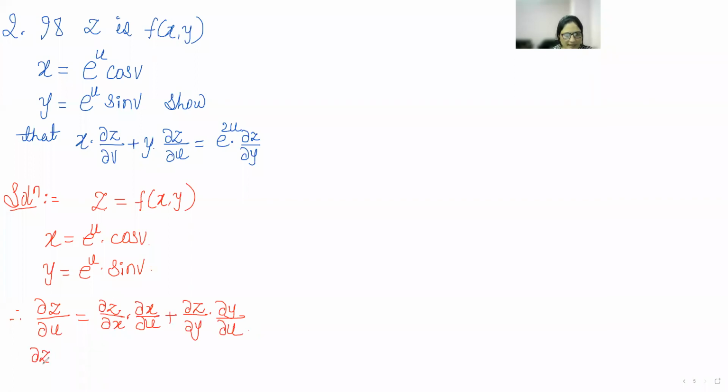Similarly, taking the derivative of z with respect to v, it is dou z by dou x into dou x by dou v plus dou z by dou y into dou y by dou v. Partial derivative of the given function.